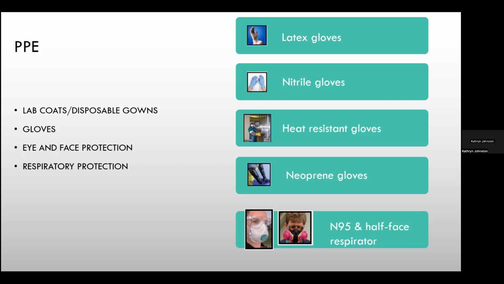And the reason for that is that the lab coat or the disposable gown can do the following. It can act as a removable barrier between you and spills, splashes, and infectious substances. It can help delay the transfer of hazardous material to your clothes and skin. It can protect your clothes from possible contamination.